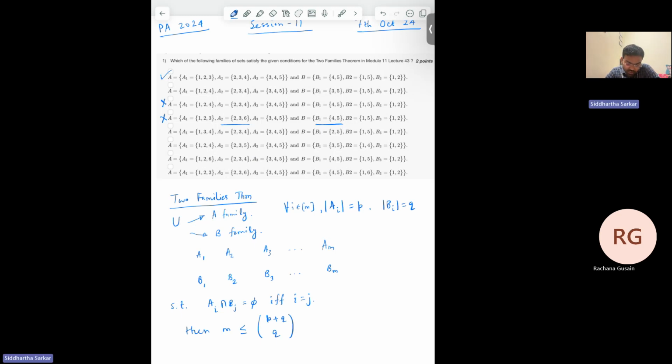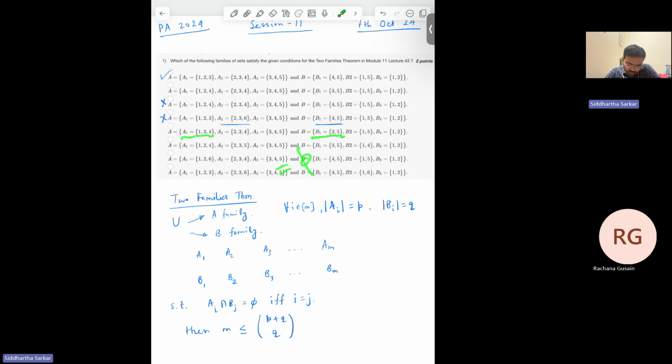Okay, so let's move to the next one. So we're looking at option 5. There are three sets in family A and three sets in family B. So this is consistent. So first, let us check A1 intersection B1. So 1, 3, 4 and 2, 5.